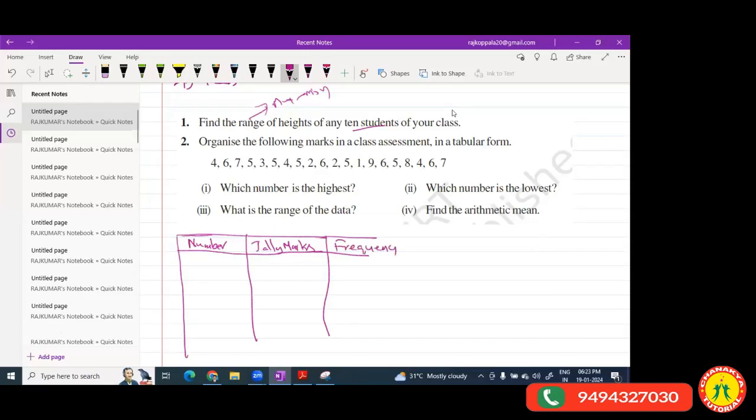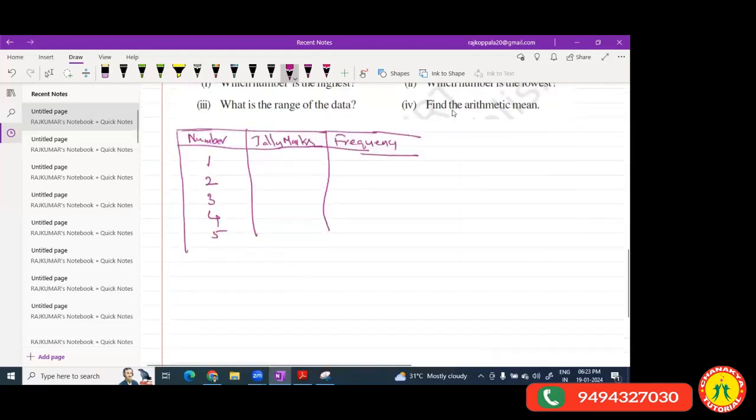These 3 columns. So what is the smallest number? Here 1. After 1, 2 is there, after 2, 3 is there, and 4, 5, 6, 7, 8, 9. Up to 9, numbers are there in that data.